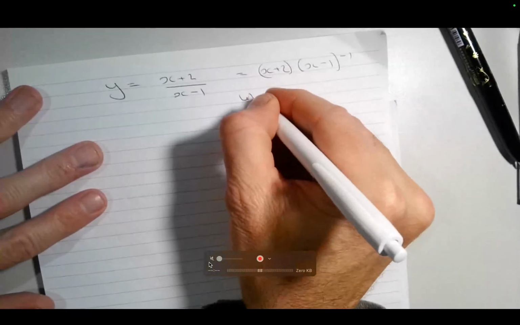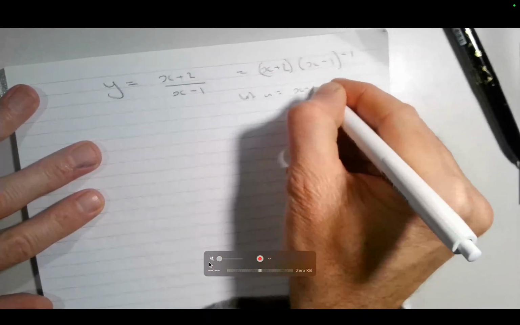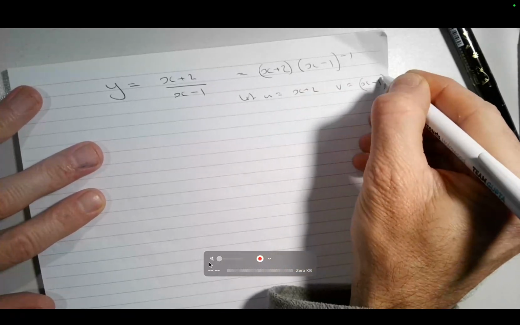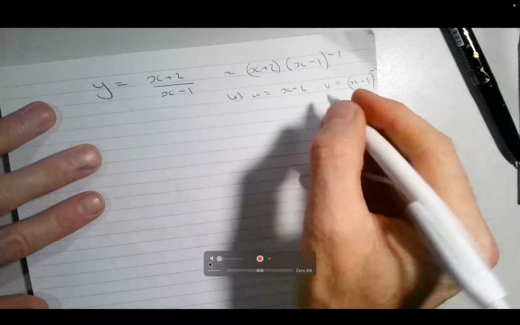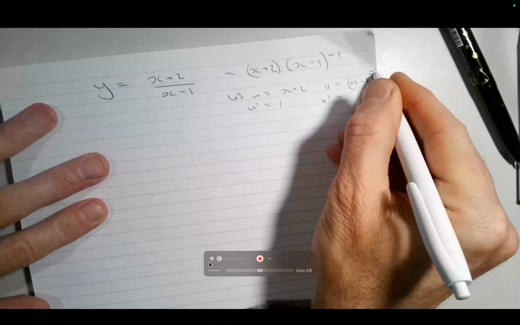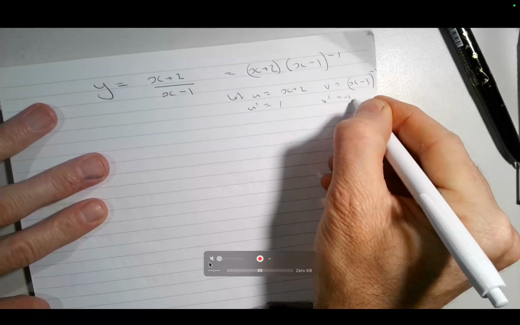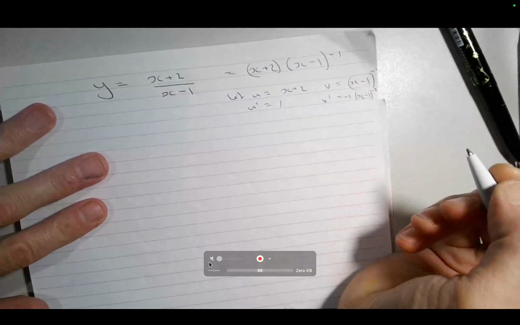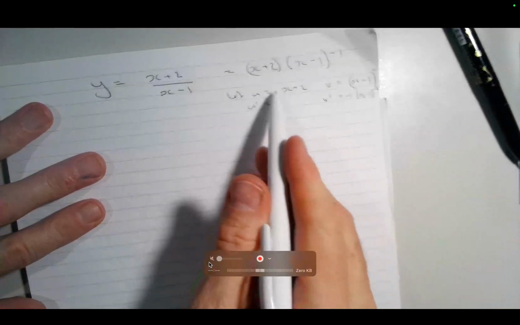So if we said let u equal x plus 2, v equal x minus 1 to the power of minus 1, u dash is 1, v dash is, now that becomes down, that's minus 1, x minus 1 to the power of minus 2. And the product rule says multiply these things out.